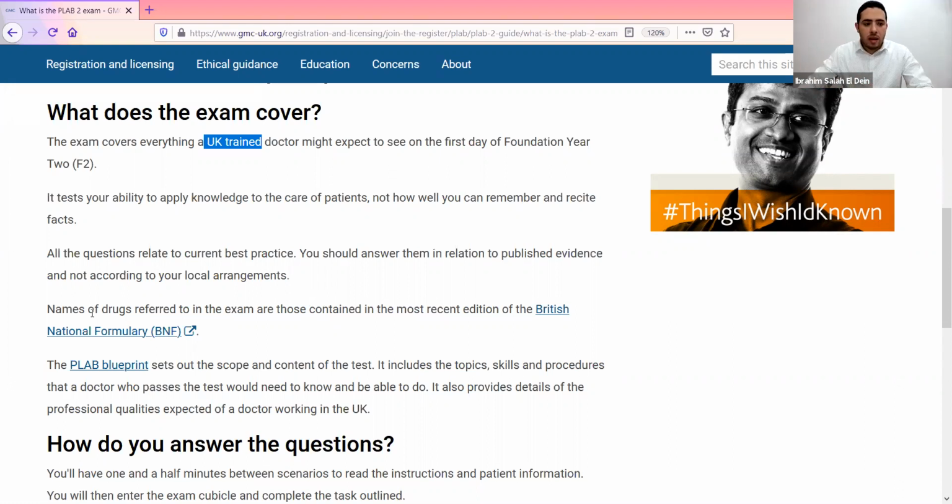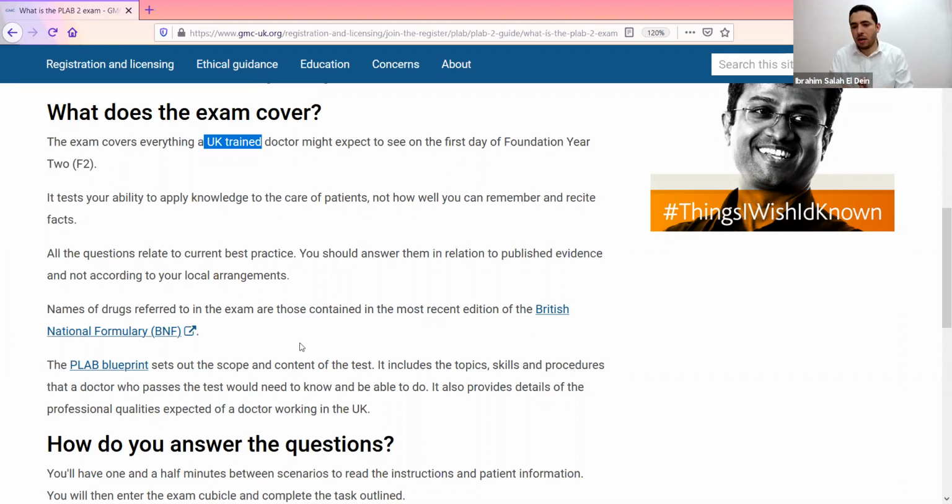Okay. The names of the drugs referred to in the exam are those contained in the most recent edition of the British National Formulary, BNF. By the way, all the cubicles contain a copy of this BNF, and it is available for you to open at any time during the station.